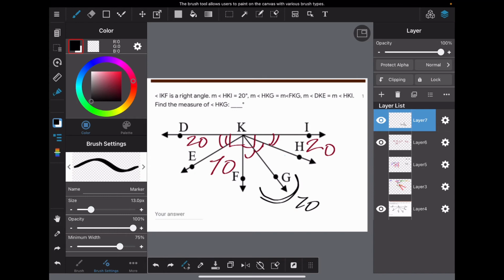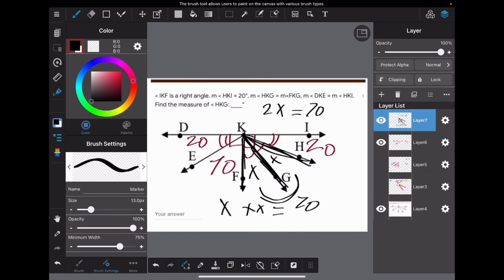So let's say that the measure of this angle that we want to find, which is HKG, call that X. But since HKG is congruent to GKF, GKF is also X. So we can set up an equation. X plus X equals 70. X plus X is the same thing as 2X equals 70.